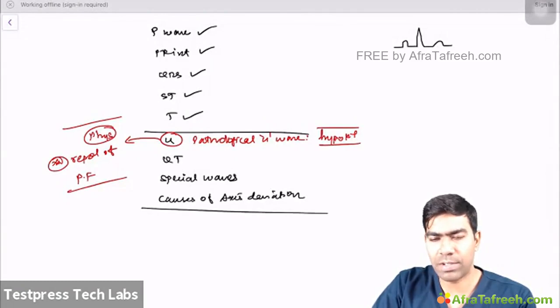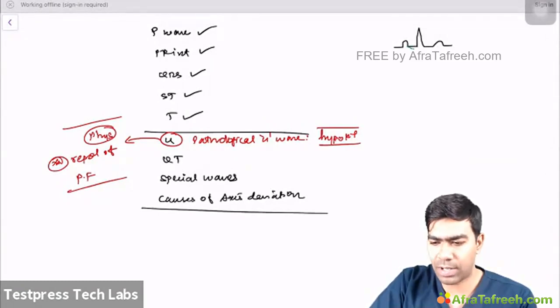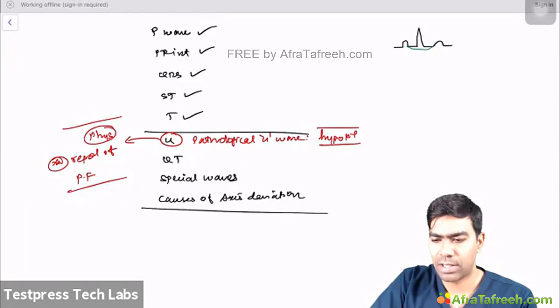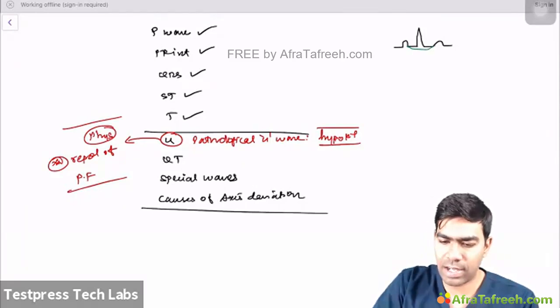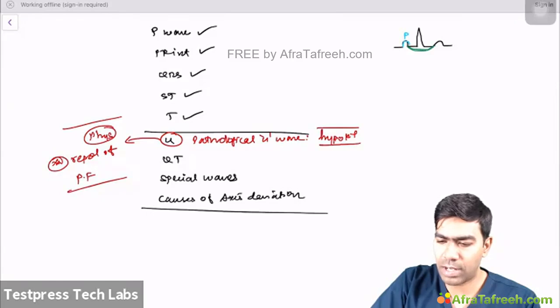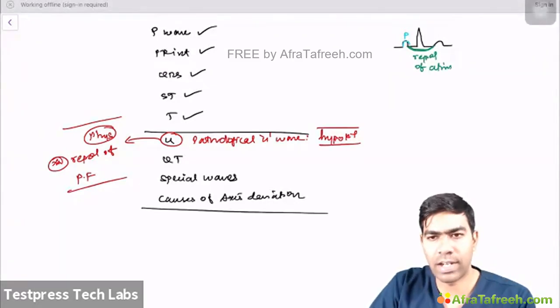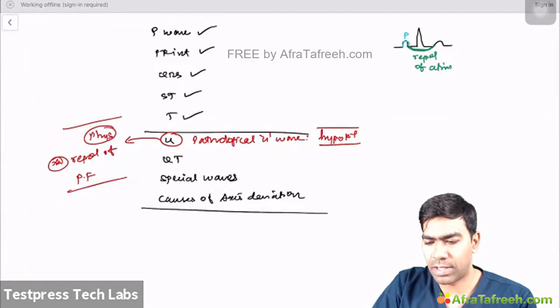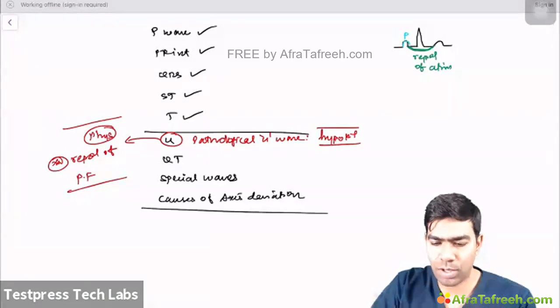Actually, repolarization of the atrium is not really seen. This is the atrial depolarization, the P wave, and this is basically the atrial repolarization. It should be something like this, what I have drawn in green here. But since it comes simultaneously with ventricular depolarization, normally it is not seen.